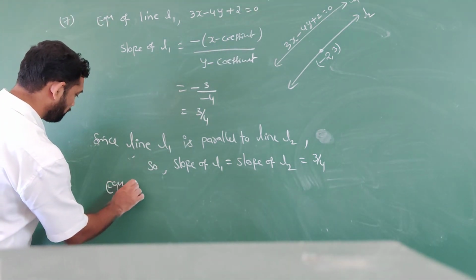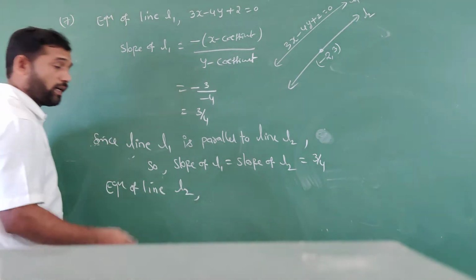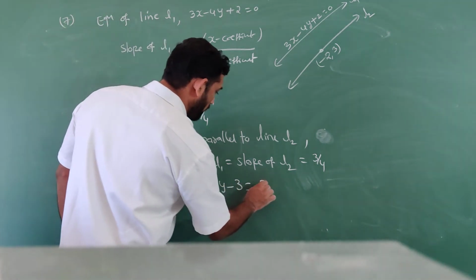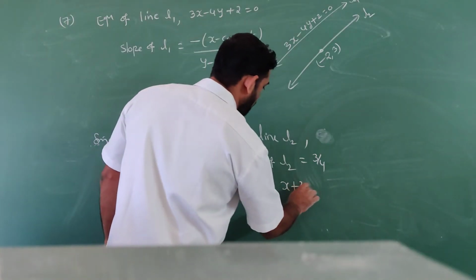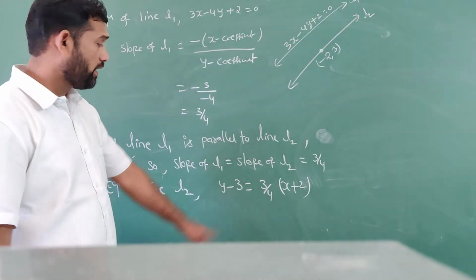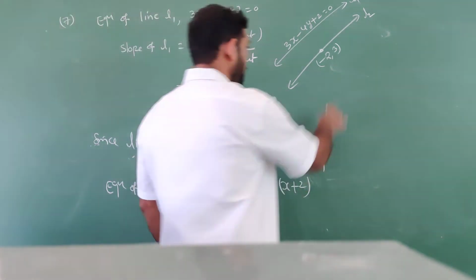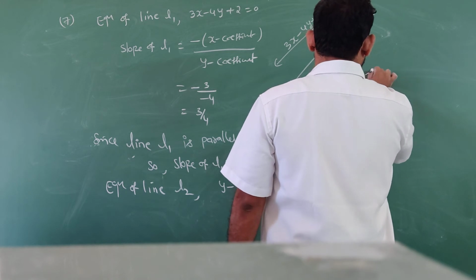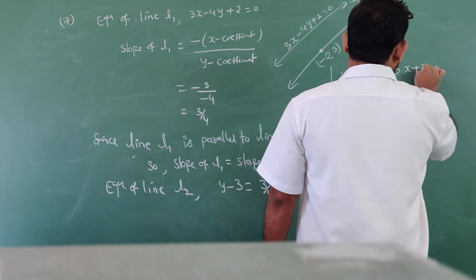Equation of line L2. You know that formula, y minus y1, 3. Slope is 3 by 4. X minus x1, so y minus y1 equal to m into x minus x1. You apply that formula. Then you simplify: 4 into y minus 3 equal to 3 into x plus 2.